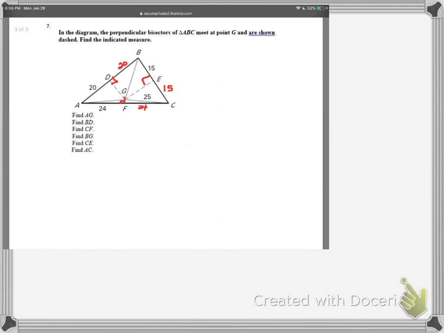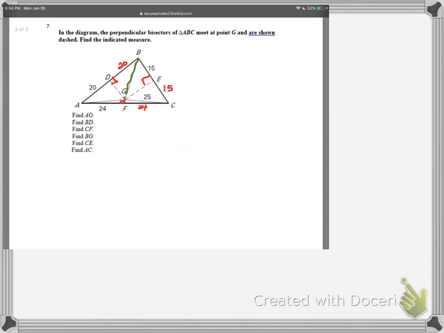Okay, I'm going to change color now, and let's talk about what happens when you draw a line, the dark lines, from G, which is the intersection of your three perpendicular bisectors. Draw your line from G all the way out to the vertex.